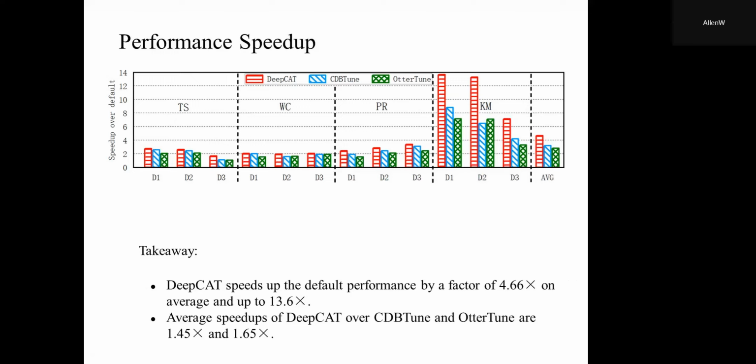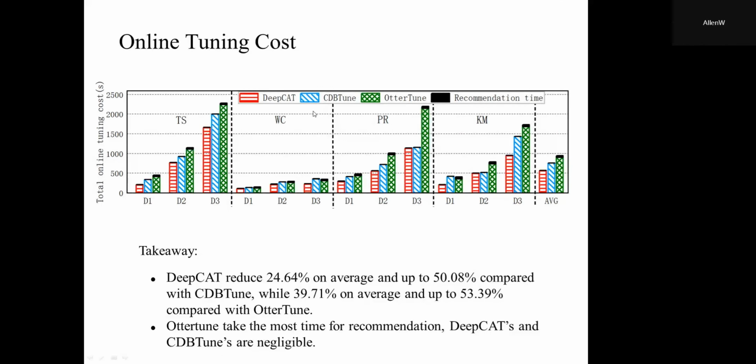The reason is that the Gaussian process regression model in Ottertune is too simple to capture the complex relationships between configurations and performance. CDBTune works better in high dimensions, but it does not consider the effectiveness of successful historical experiments.